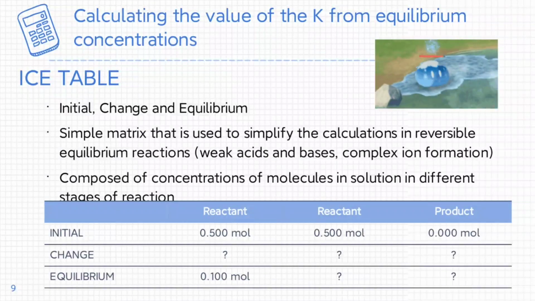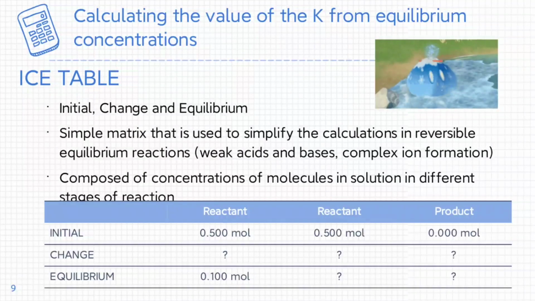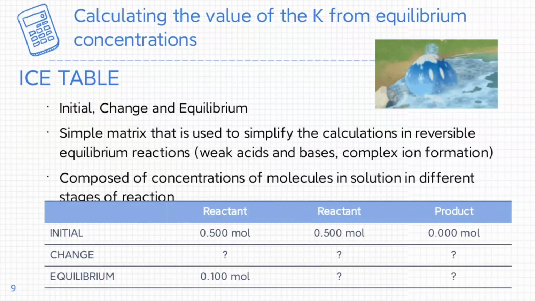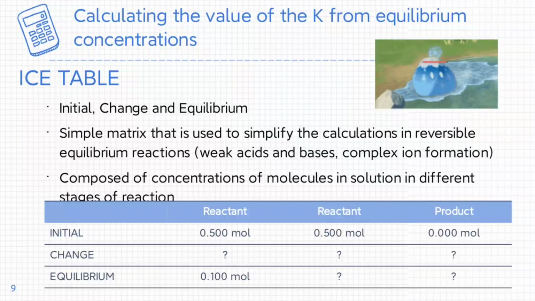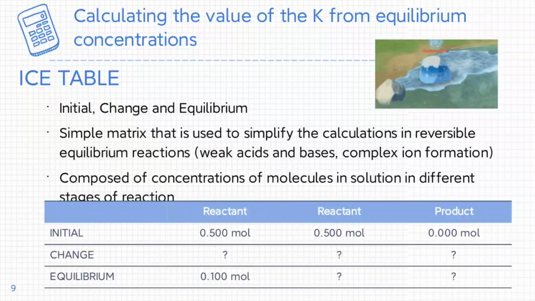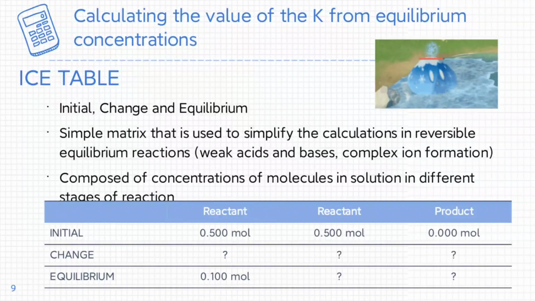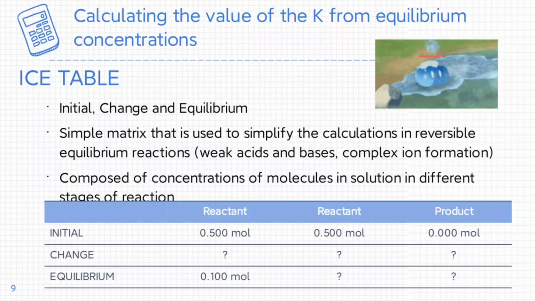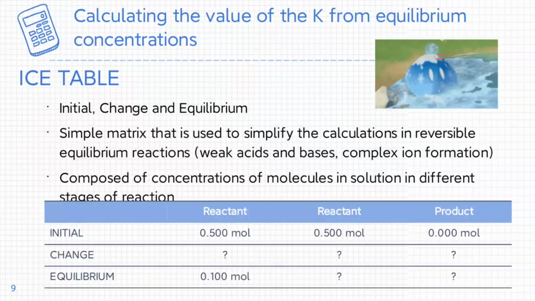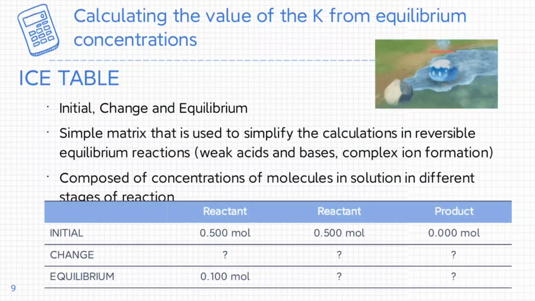It is a simple matrix used to simplify the calculations in reversible equilibrium reactions, especially utilized sa weak acids and bases and complex ion formation. Okay, so basically ito yung magiging foundation. This will be the foundation of some of your clinical chemistry computations. Okay, so in the future, ma-appreciate nyo kung bakit natutunan nyo to.